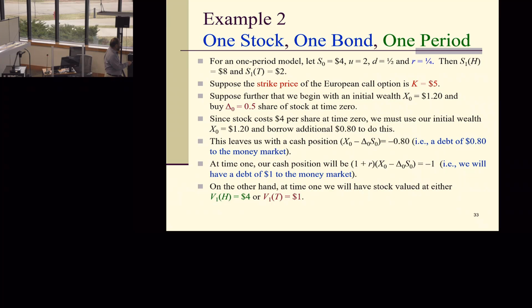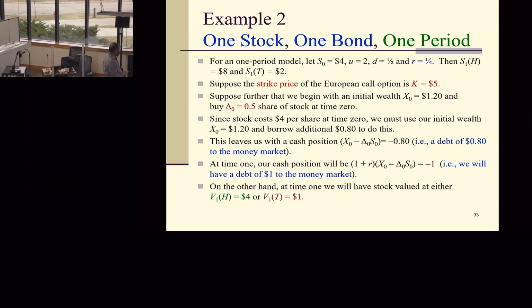Supposedly, the strike price of a European call is $5 instead of $4 right now. So in the future, I have an option expiring in 1 period that lets me pay $5 to buy the stock. Everybody okay?